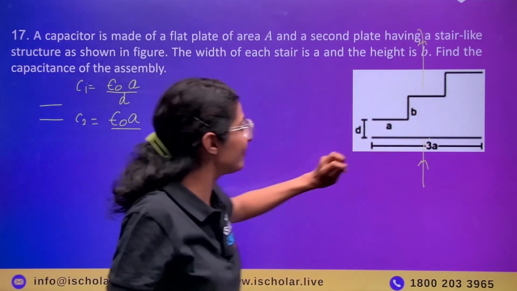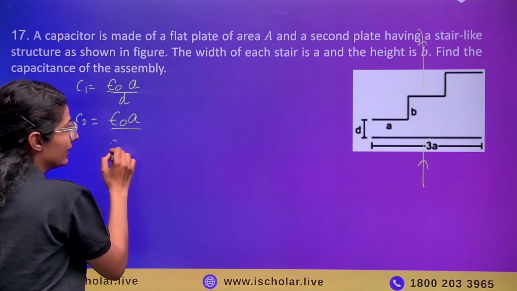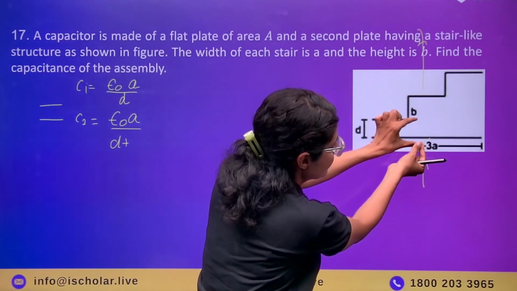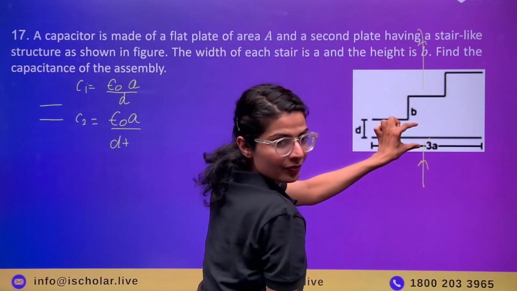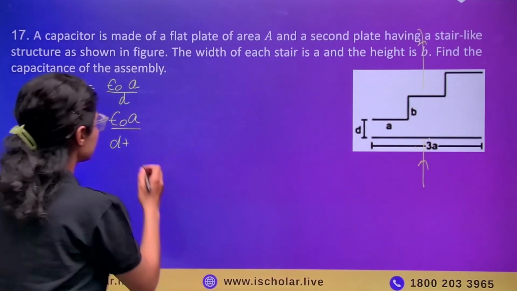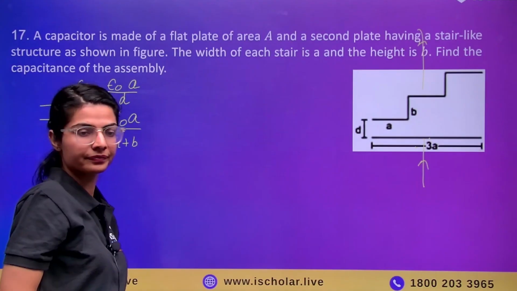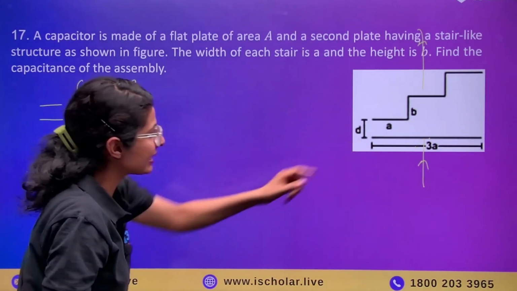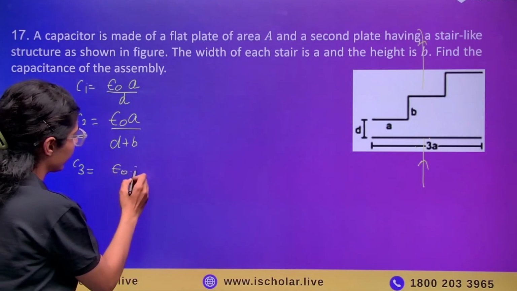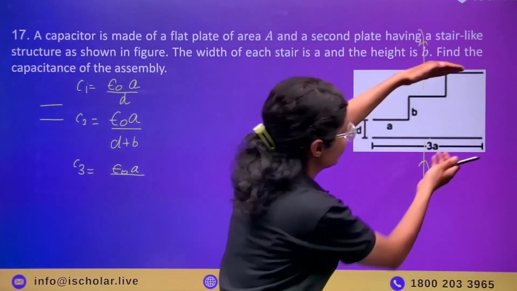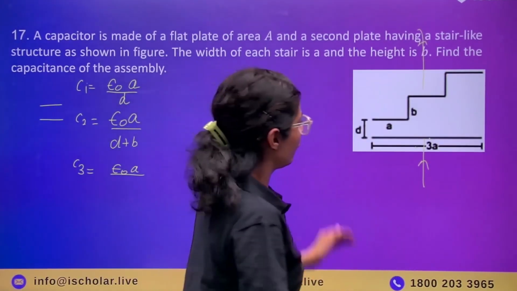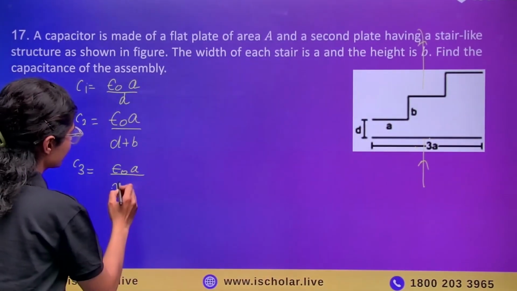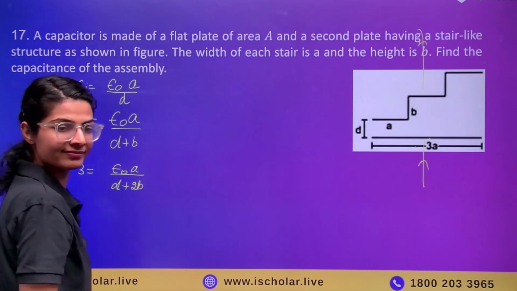Can I write it as this is D and this is B? So the total will become D plus B. What about C3? The capacitance C3 will be given as epsilon naught area divided by this distance, which would be D plus B plus B. So I'm writing it as D plus 2B.